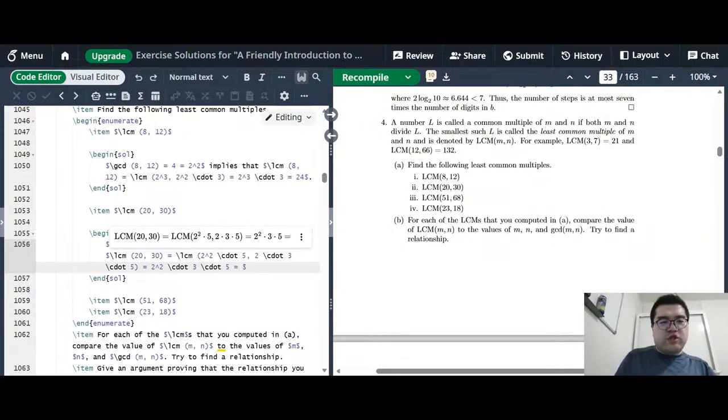And again, 2 squared is 4, times 3 is 12, times 5 is going to be 60.